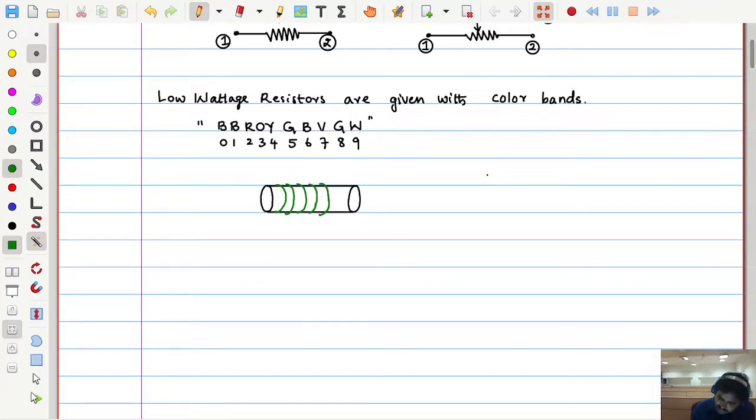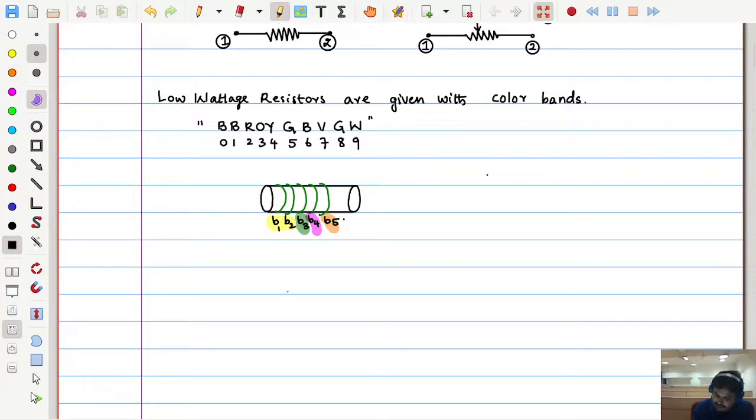Let us say 5 bands. Each band I'll write as B1, B2, B3, B4 and B5. Remember that the first two bits are the significant bits which contribute the resistor value. The third bit is the multiplier, the fourth bit is the tolerance, and the fifth is the reliability.